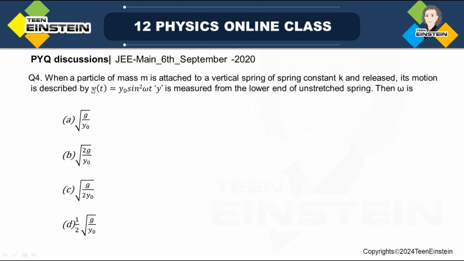This problem says, when a particle of mass m is attached to a vertical spring of spring constant k, the situation is something like this. Okay, let me just draw it a little better way.